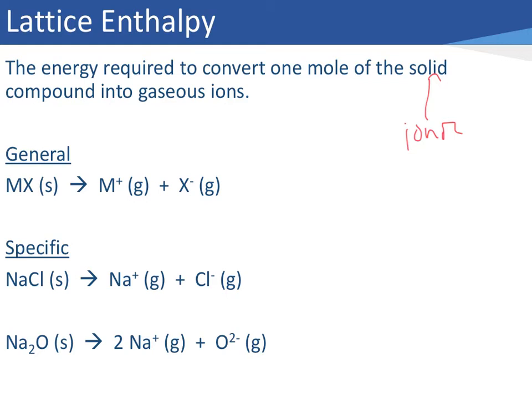It's going to be an endothermic process to make the gaseous ions. Specifically for sodium chloride, I'm going to get the sodium and the chloride ions, or for sodium oxide, I'm going to get the sodium and the oxide ions. This is done based on stoichiometry. 2 sodiums here means I need two sodiums here.